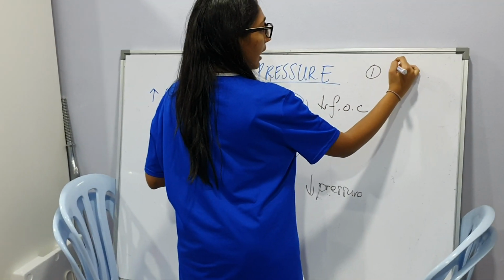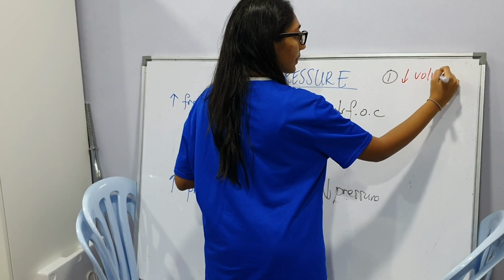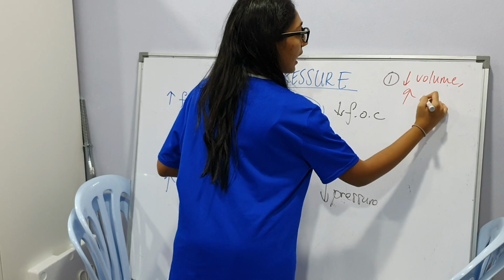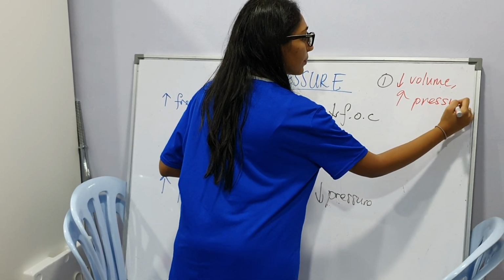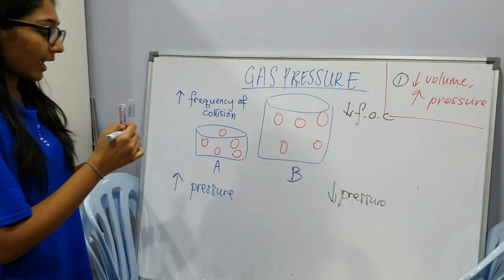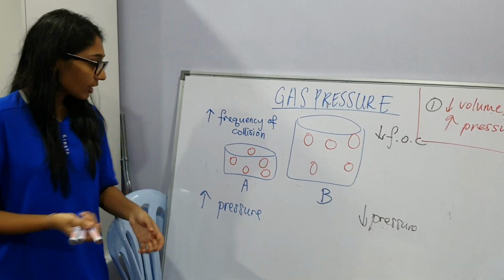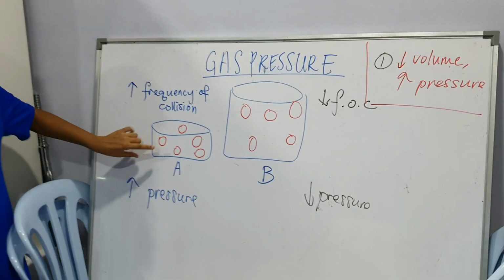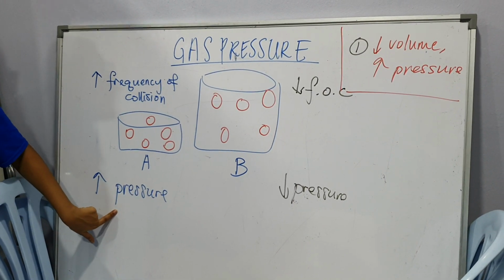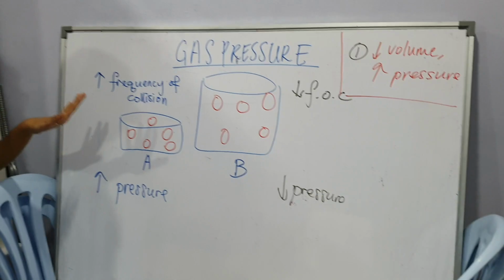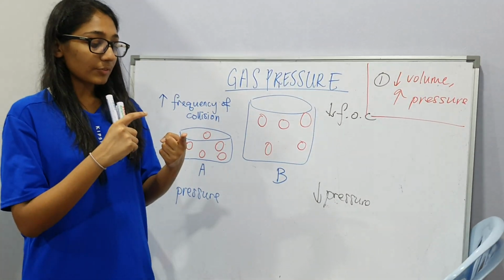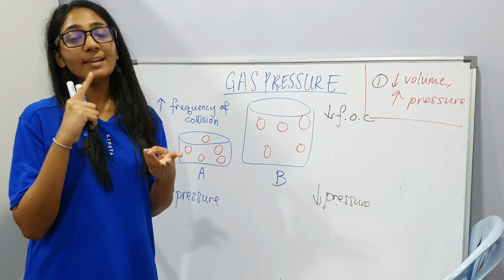The smaller the volume, that means the smaller the container basically, the higher the pressure. So this is the first relationship between volume and pressure. Now why? Because when it is a smaller volume, the frequency of collision is higher, which means the pressure increases. So this is the first part that we'll learn, and after this we're going to look at the relationship between pressure, volume and temperature.